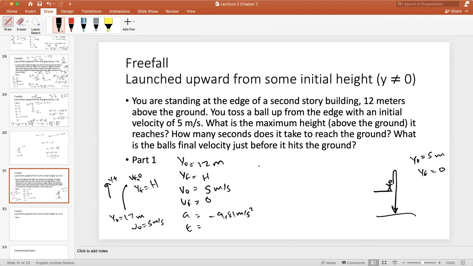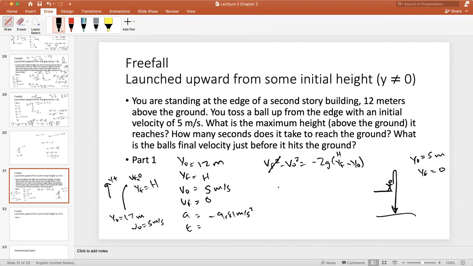What is the maximum height it's going to reach? We don't have time, so let's not use time. So v final squared minus v initial squared is minus 2g times (y final minus y initial). Remember, y final is h, and v final is 0.